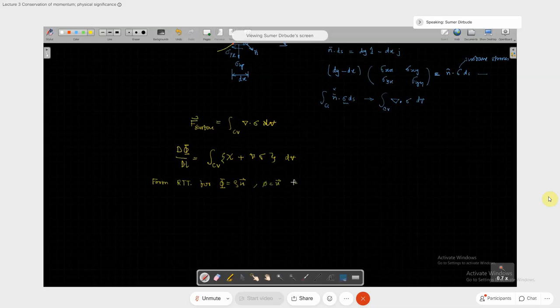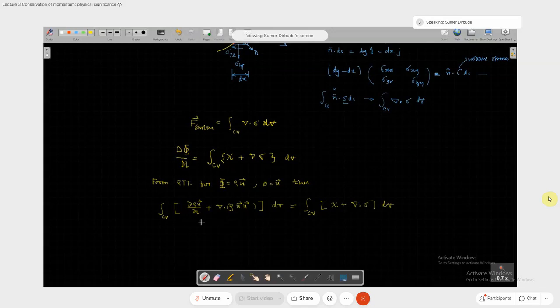Then d phi dt can be written as the integral of del rho u del t plus del dot rho u u dv, and we already have chi plus del dot sigma dv.